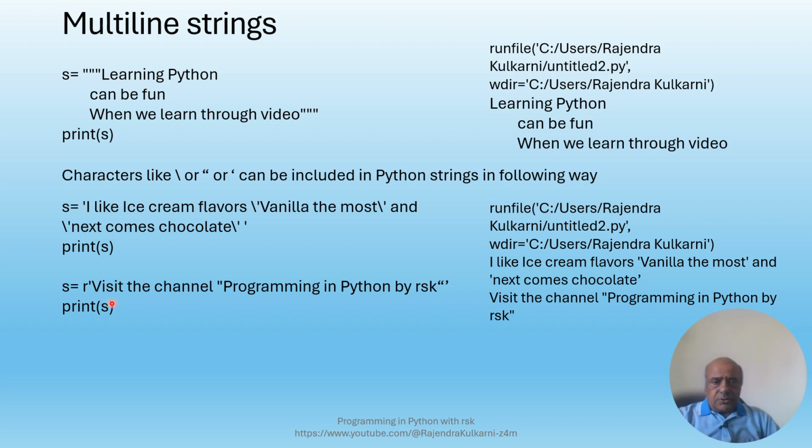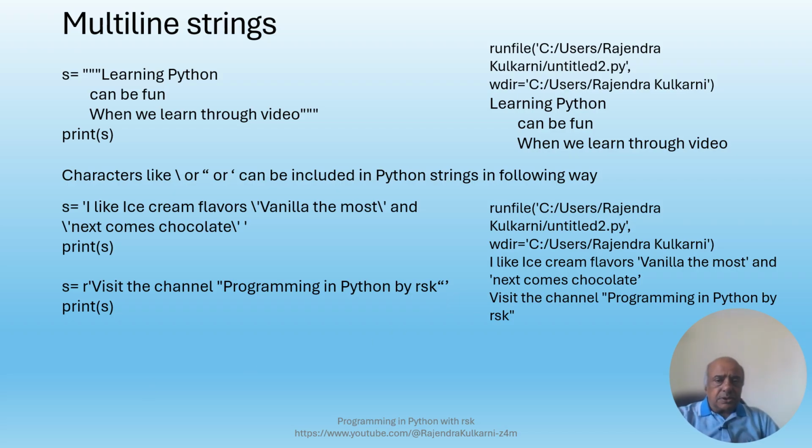At the outset, we think it is a better way of defining a string because it doesn't need any kind of escape character or escape sequence for appearing the string with a substring within double quotes, which is programming in Python by RSK in this case.